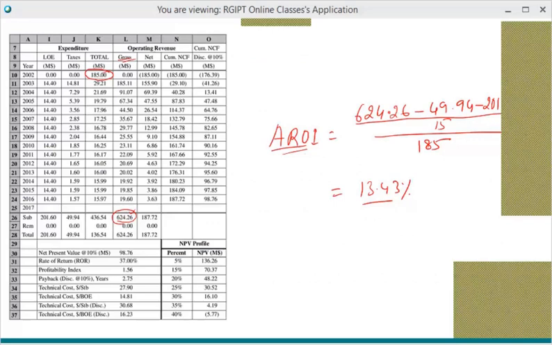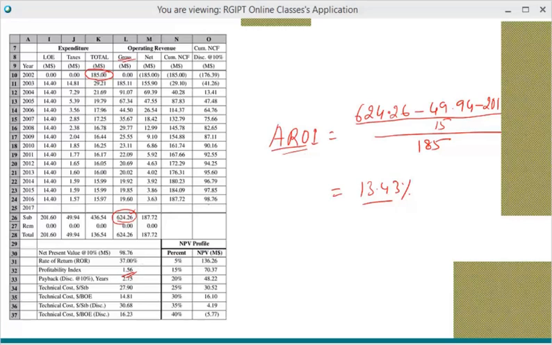So let us look at this one once again. In this one, you have the profitability index as 1.56. How is that calculated?